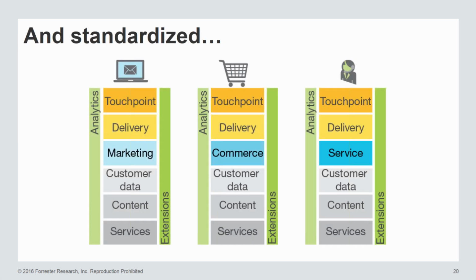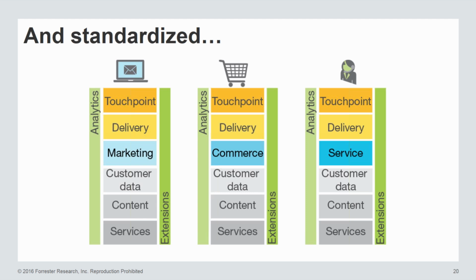And if we start to think about those modules as individual capabilities, they can be replicated across more than just marketing. Maybe it's a commerce function or a sales function. Maybe it's a customer service function. If we can replicate those same capabilities, or at least understand that there are overlapping, redundant investments in, say, customer data, to tie it back to my silo story, we can start to build virtual repositories around customer data, or create real centralized content repositories, or build extension libraries that work across your different solutions.